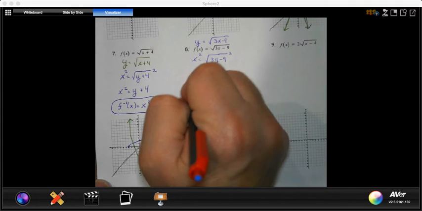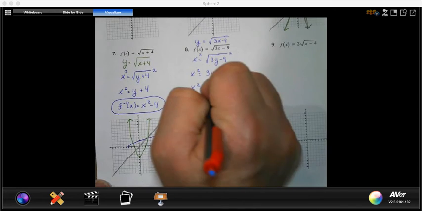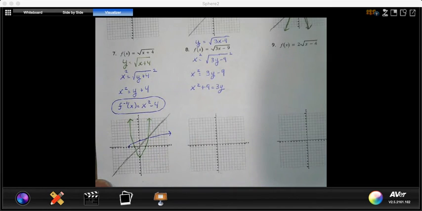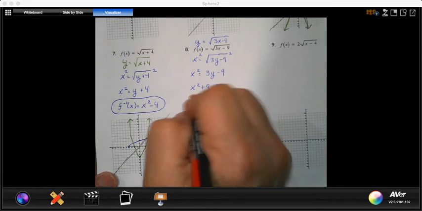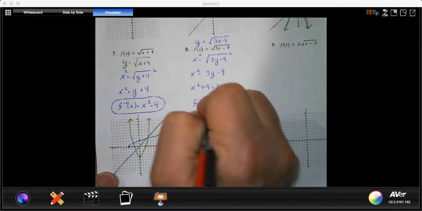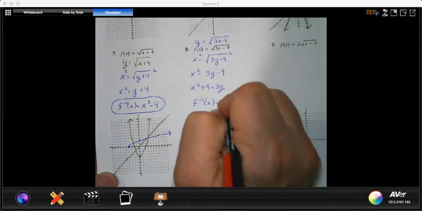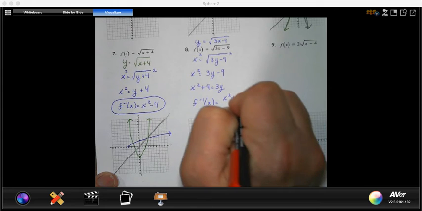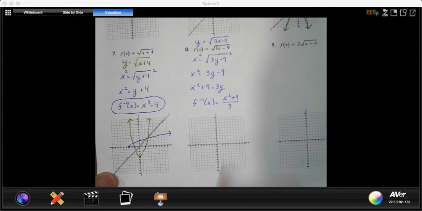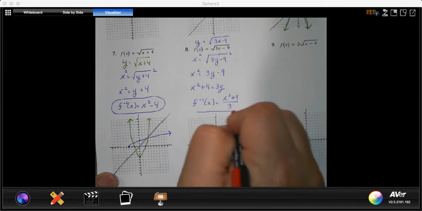Add 9 to both sides, so x squared plus 9 is equal to 3y. Divide both sides by 3, turn it around. So the inverse function is x squared plus 9 all divided by 3. And there's my answer.